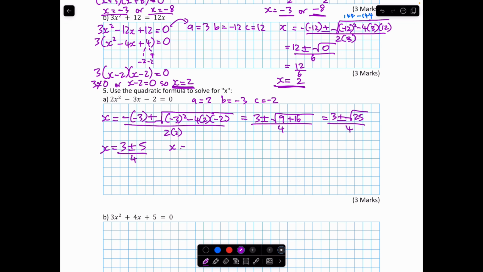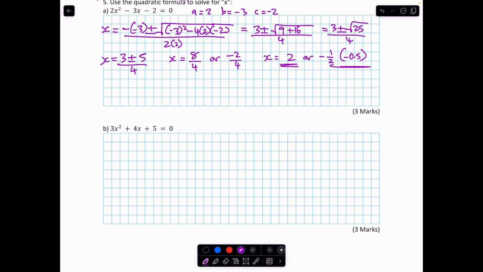So x is going to be 3 plus 5, 8 over 4, or 3 take 5, -2 over 4. X is going to be equal to 2, or -1/2, which is -0.5. Two or -1/2.